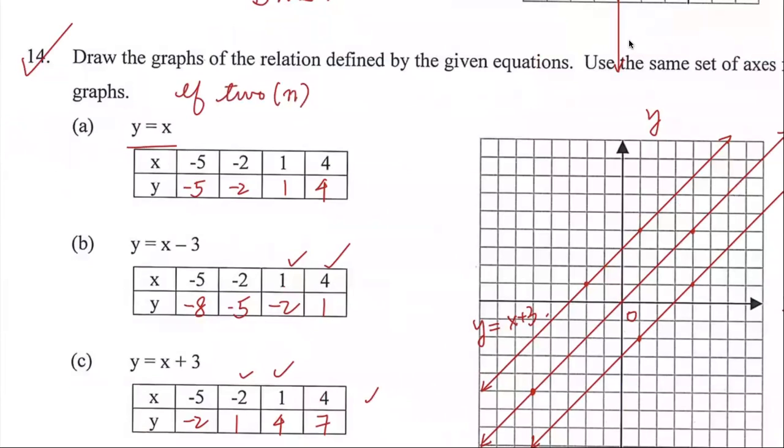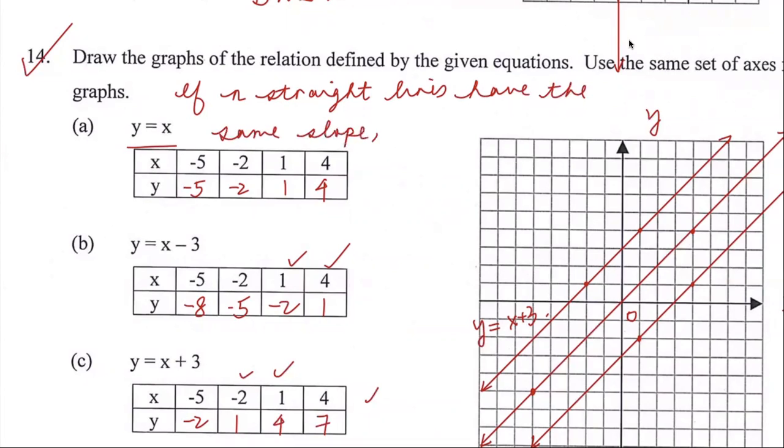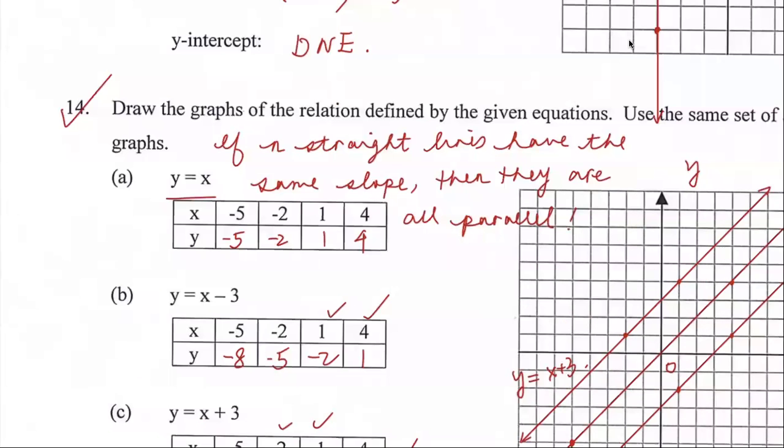If n straight lines, let me just write n, if n straight lines have the same slope, then they are all parallel.